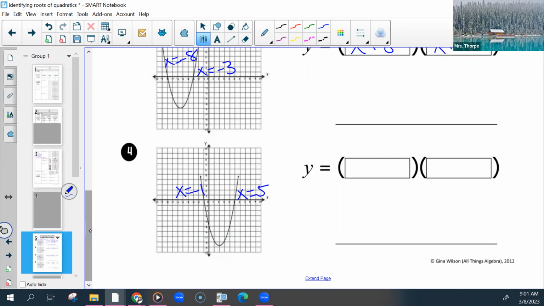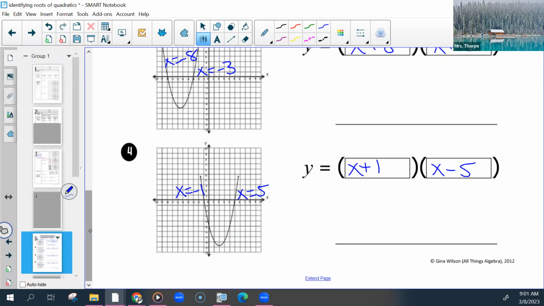X plus 1 and x minus 5. So I'm going to show you what, yeah, it doesn't matter.